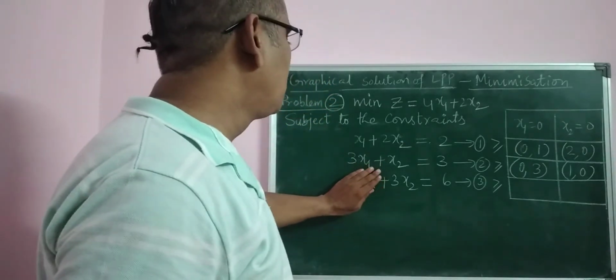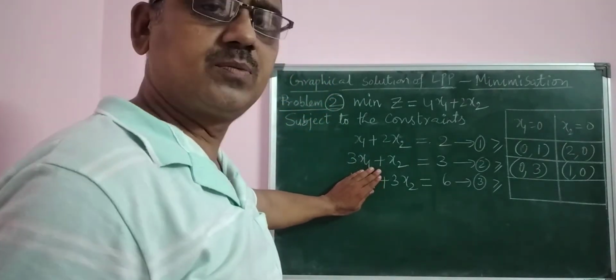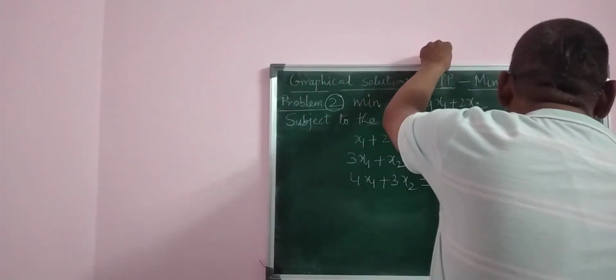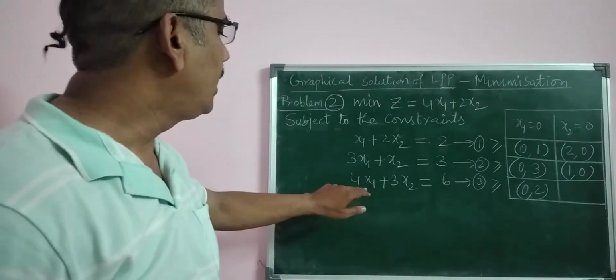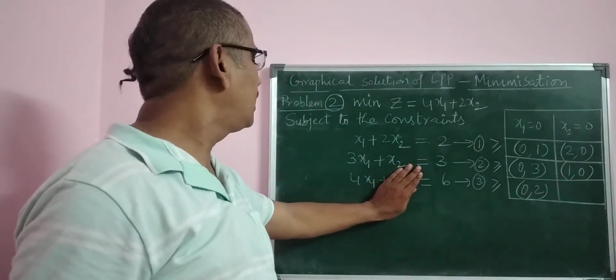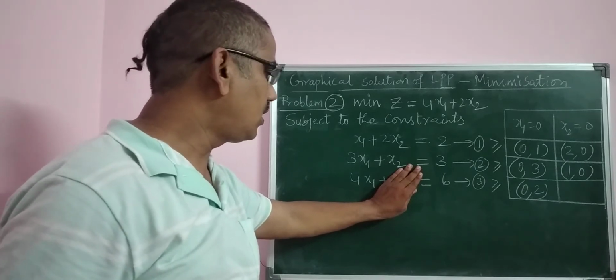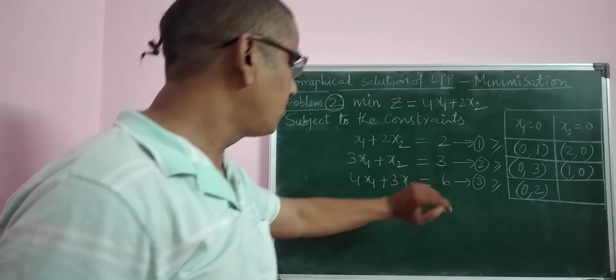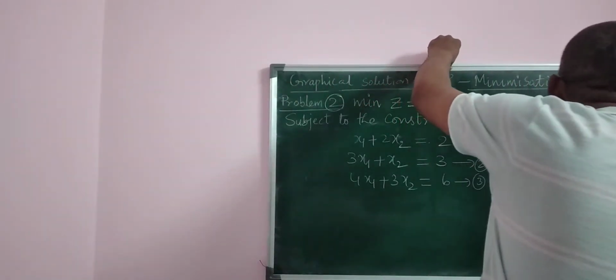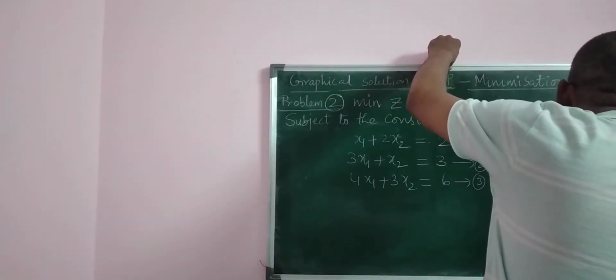And if x1 is equal to 0, 3x2 is equal to 6, x2 is equal to 6 by 3, 2. So therefore it is (0, 2). And the last one, if x2 is equal to 0, then x1 is equal to 6 by 4, hence it is 1.5. Therefore (1.5, 0).